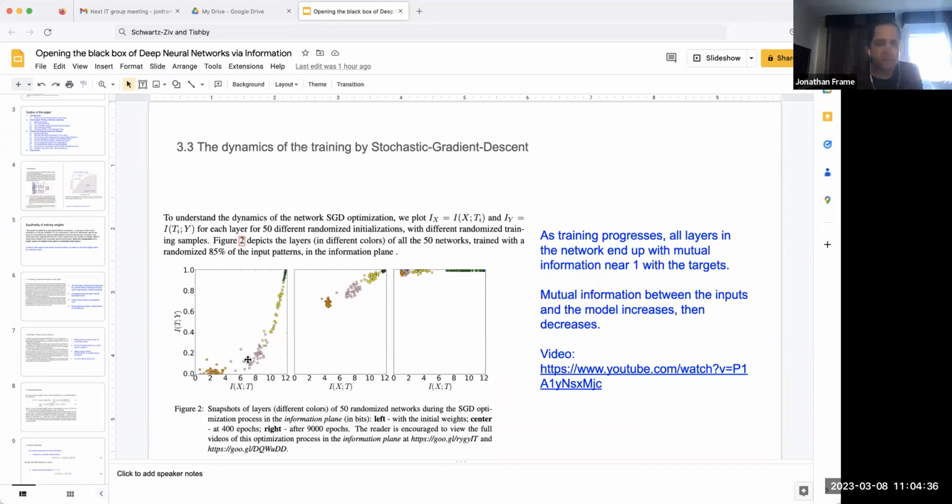Okay, I was going to try and make a point, but it's not true here. So I guess it's interesting that at some point in the training, the mutual information with the target data is very low for one layer, but not another layer. So I'm not really sure how to, I don't think I have an answer for that question.